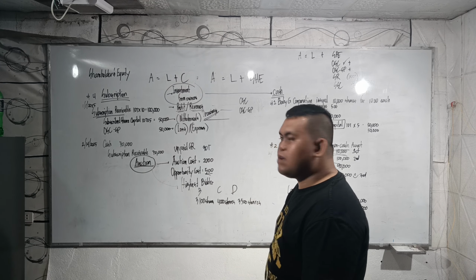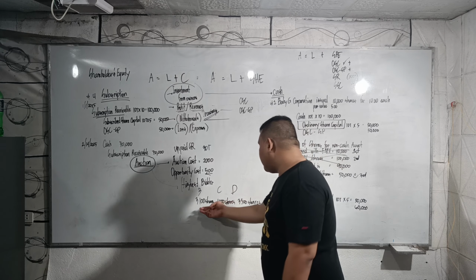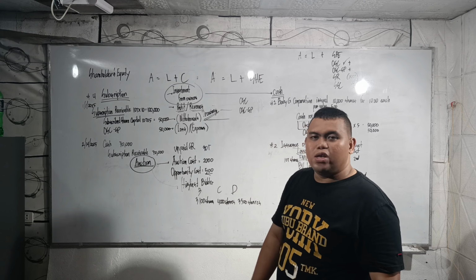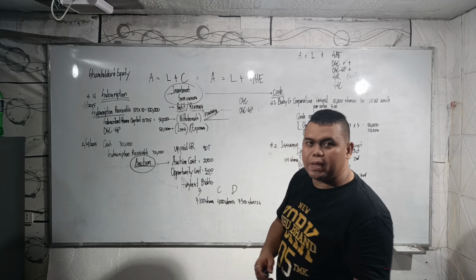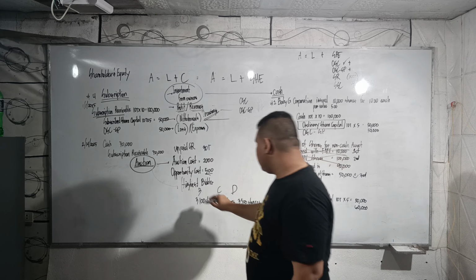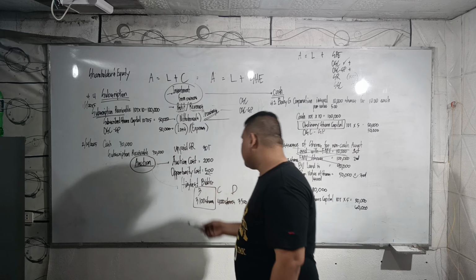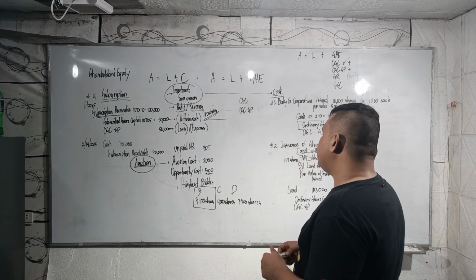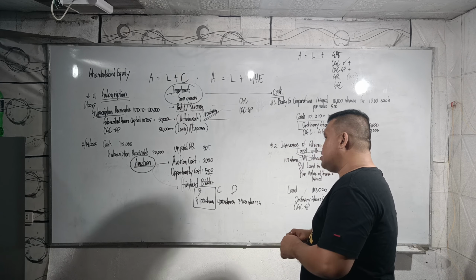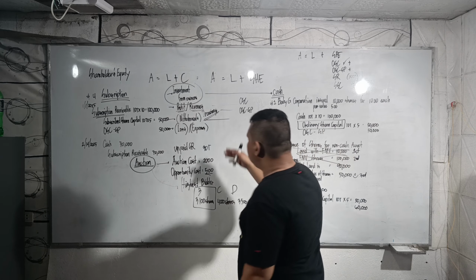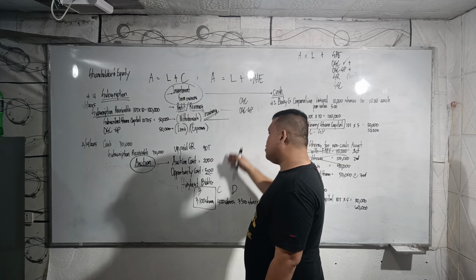That's 32,500. But they need this. Okay? So who is the highest bidder, logically speaking? The highest bidder is B. So B will just receive 3,100 shares, and he will pay 32,500.